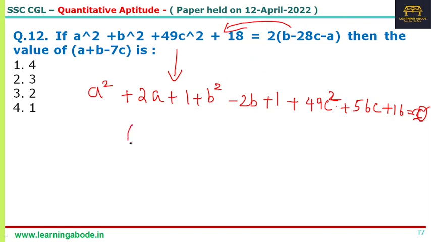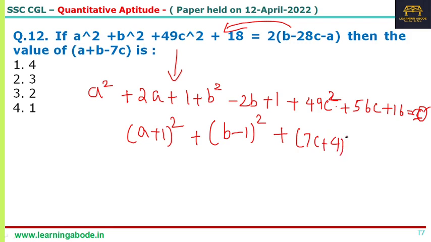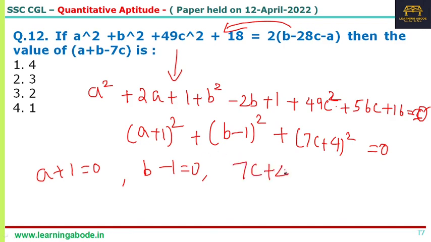After that you will have a plus 1 whole square plus b minus 1 whole square plus 7c plus 4 whole square equal to 0. Now that equation will be 0 only when a plus 1 equal to 0, b minus 1 equal to 0, and 7c plus 4 also equal to 0.